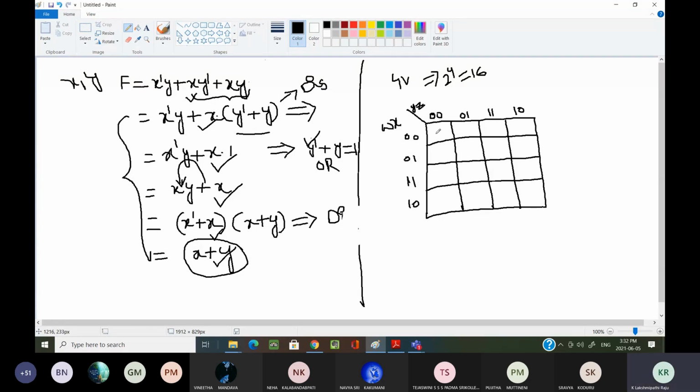What is the first cell value? 4 zeros. 4 zeros means M0. What is the second cell? 0001. That means what is the minterm? M1.